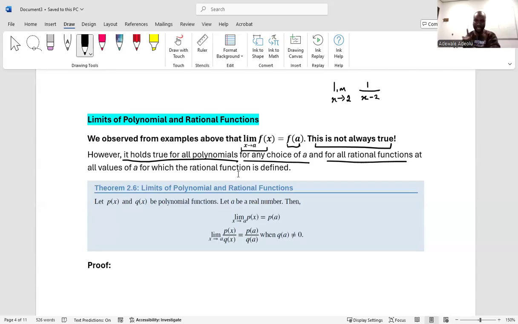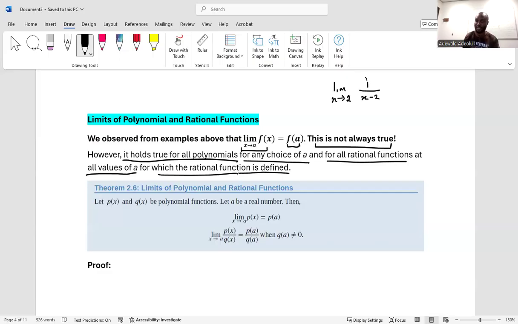But there is a catch on that. We say it holds true for all polynomials for any choice of a, and for all rational functions at all values of a for which the rational function is defined.